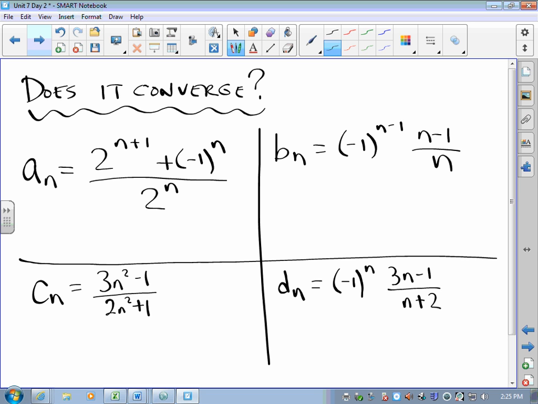The question each time is, as n gets bigger and bigger, do the terms of that sequence approach one fixed number?